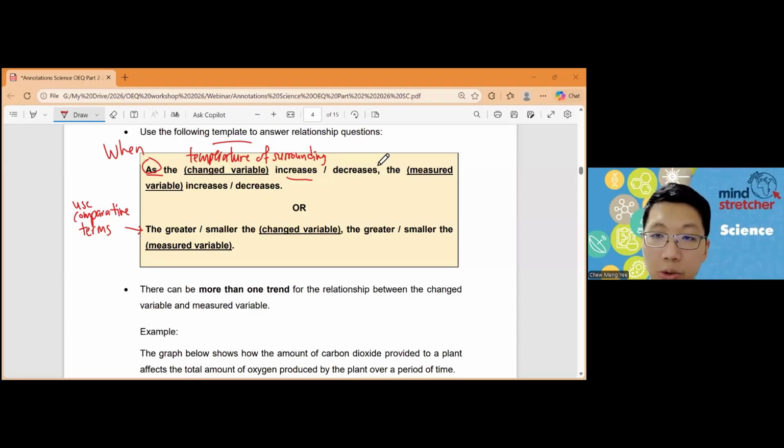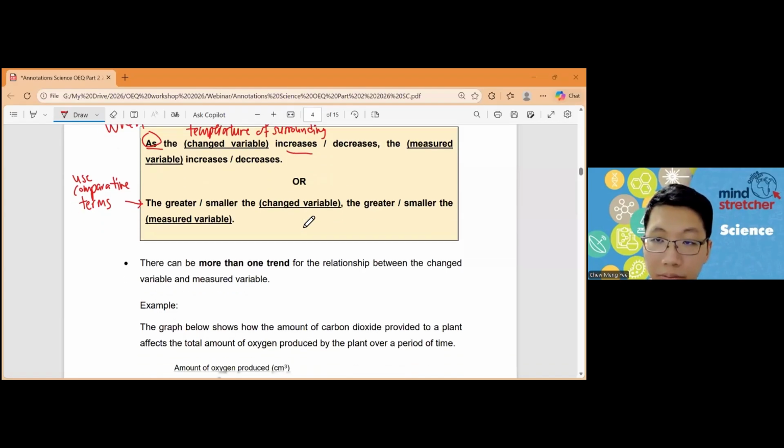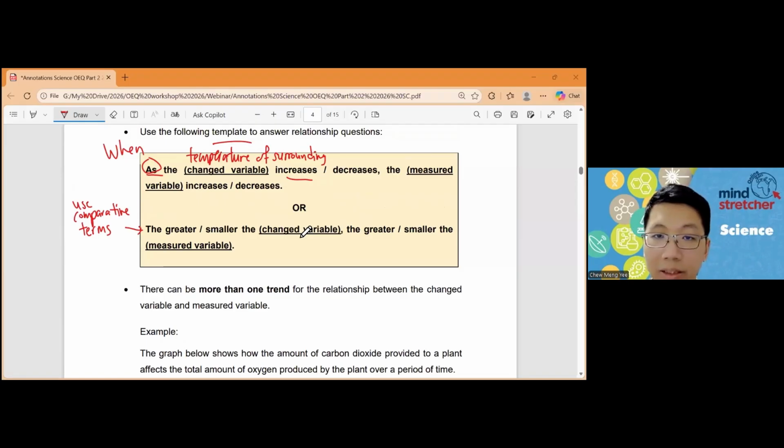You add a "to," Chloe, or not, I don't think it matters. But if you add a "to," it means that both increase or both decrease. But it's not necessary, Chloe. Yeah, you can say temperature decreases, depending on what you're trying to say.